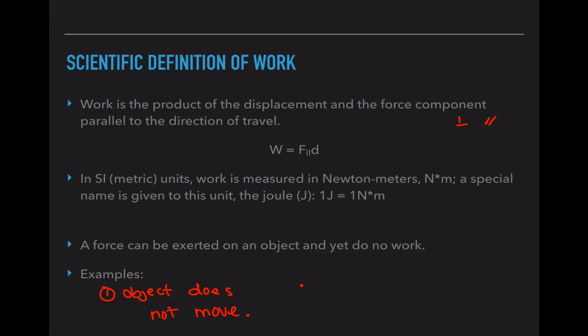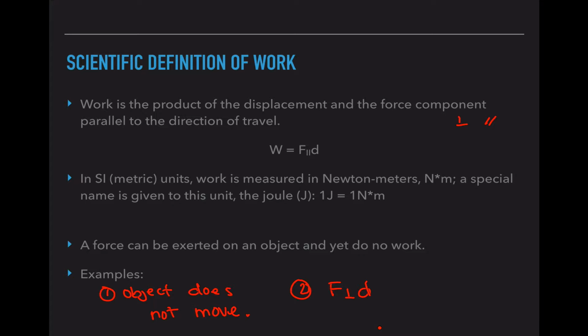The second example is if our force is perpendicular to the distance traveled. An example would be walking down the street holding an ice cream cone. Just holding the ice cream cone in your hand does not mean that work is occurring.